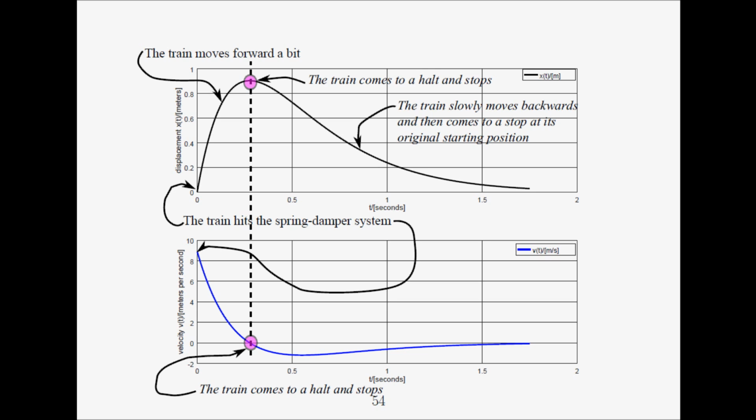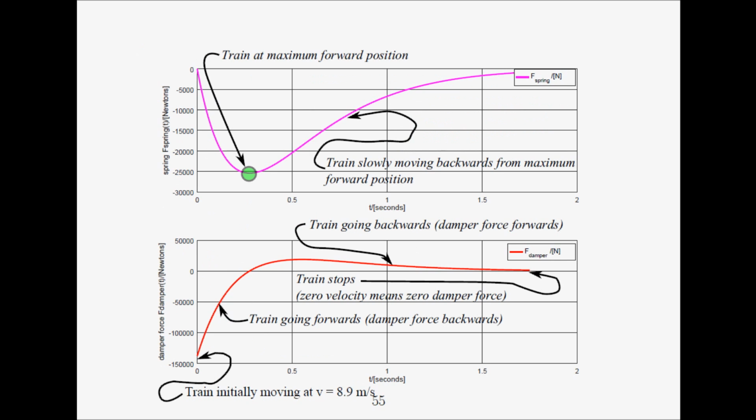As the train moves forward in time, the x increases, and as the x increases, the spring force increases, until eventually, as the train is moving towards the right hand side, it reaches a maximum displacement, and then it stops. At the maximum displacement, there's a maximum spring force. When the train stops, it then slowly starts to move backwards, and therefore the relative distance between the instantaneous position x of t and x of t0 gets smaller, and then the spring force gets smaller.